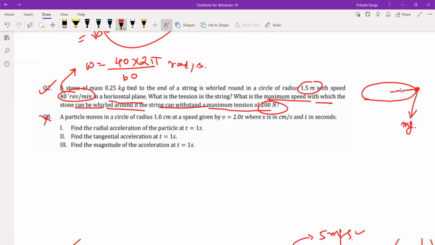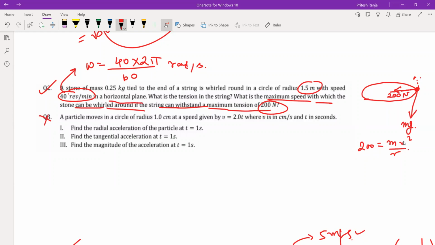So how much tension is on the string? 200 Newton. And the centripetal force provides the necessary tension here. So 200 is equal to mv square by r, right? So we will just solve this.